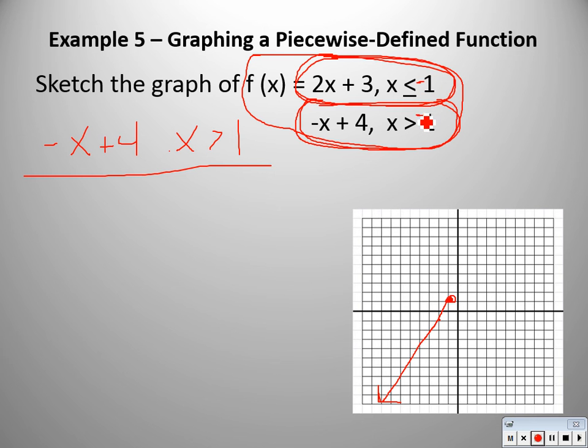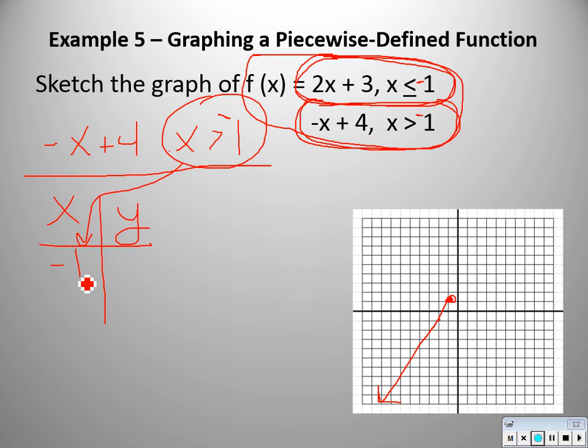It's not written in there, but that should be a -1 when I go to do those. So when I have my XY table here, once again, I'm going to put a -1 in for x. When I put a -1 in for x, I have +1 plus 4, which when I work that out is going to be +5. So I have -1, +5, which would be a point that's right about here.